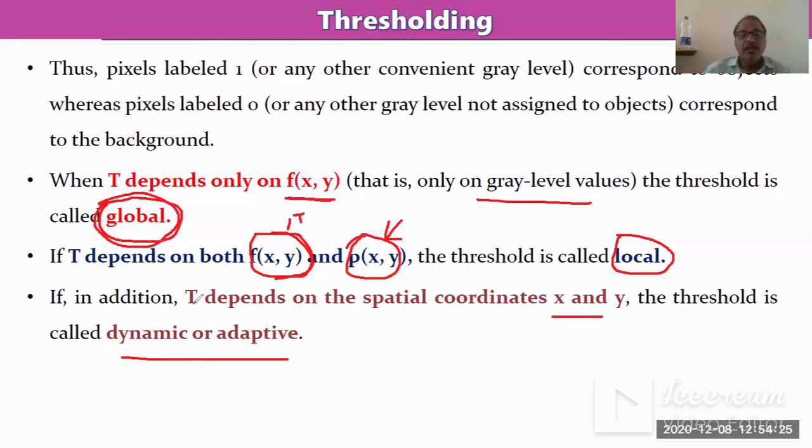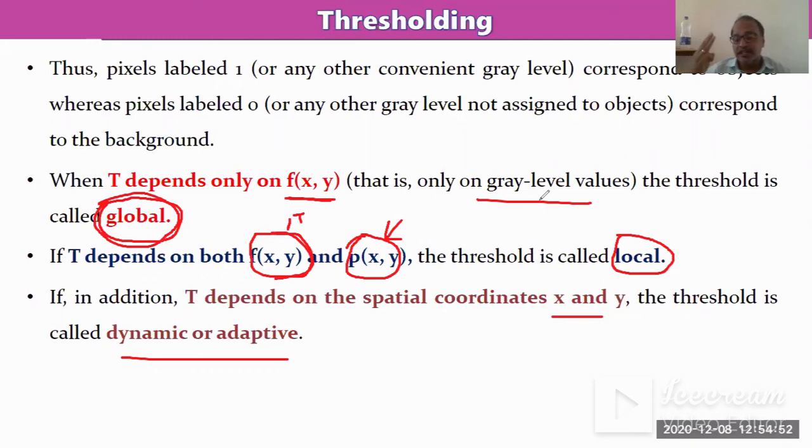If T depends on the particular gray level value, it is called global thresholding. If T depends on the predefined criteria as well as the gray level value, then it is called local thresholding. And if T depends on the coordinate value, not pixel value, then it is called dynamic thresholding or adaptive thresholding.